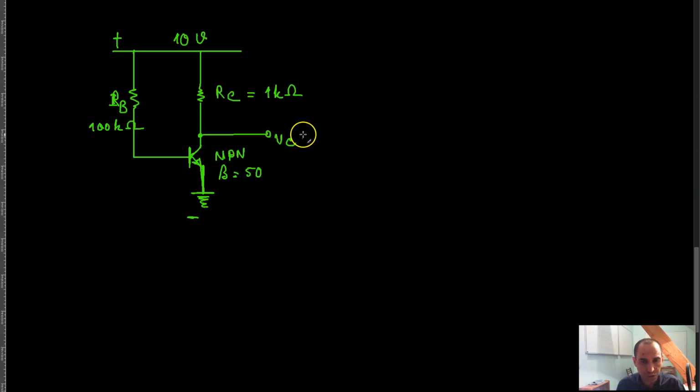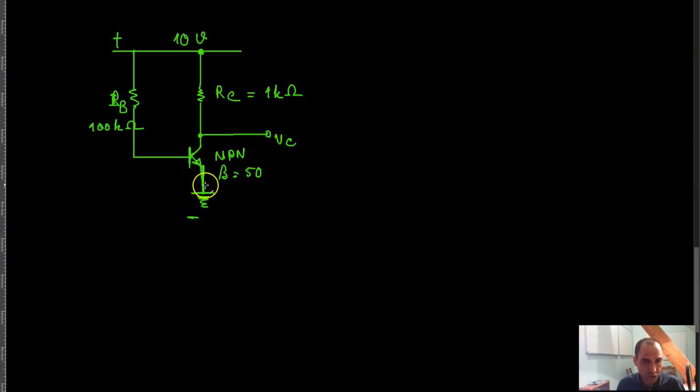In order to calculate this voltage, the voltage up here is 10 volts, that you already know. And this is the ground, so there is 10 volts across these 2 points.